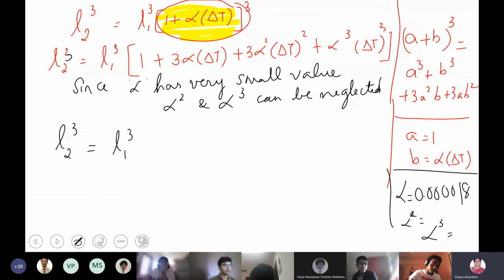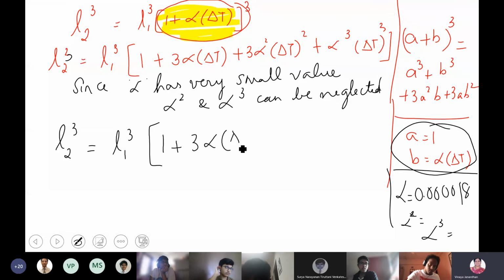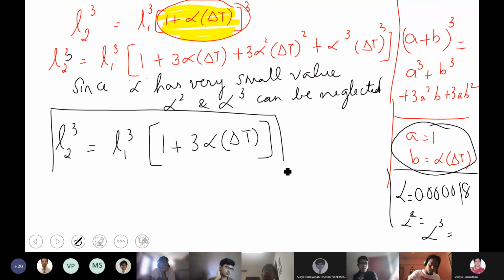I'm just changing it and writing. Check what is the value of A and what is the value of B. So in that case, I'm neglecting the higher powers of alpha, and this becomes 3 alpha into delta T. Is this fine, boys? Yes, ma'am.